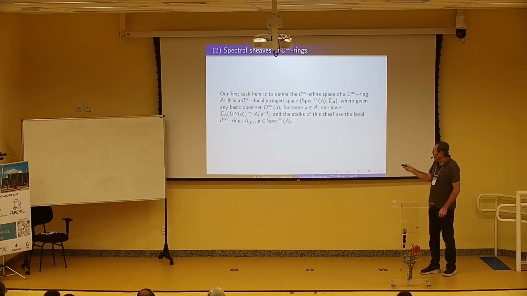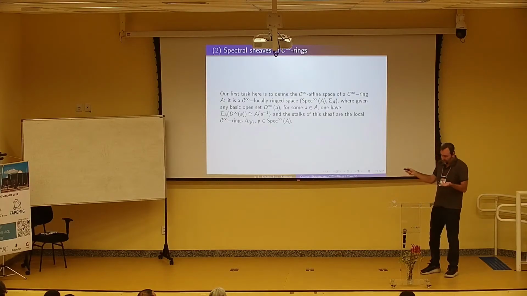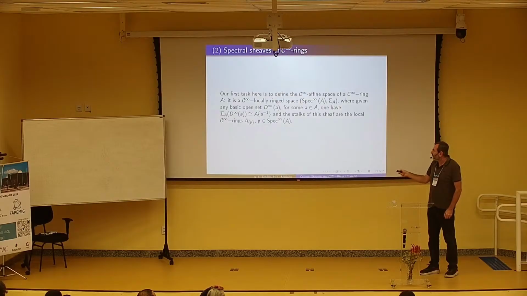Então, assim como no esquema afim de um anel, no caso da álgebra comutativa, aqui a gente tem uma construção análoga, que é em cima desses abertos básicos a gente olha as localizações por esse elemento.